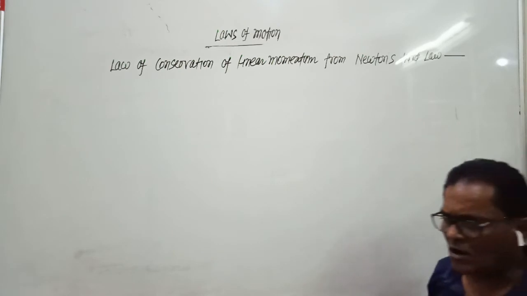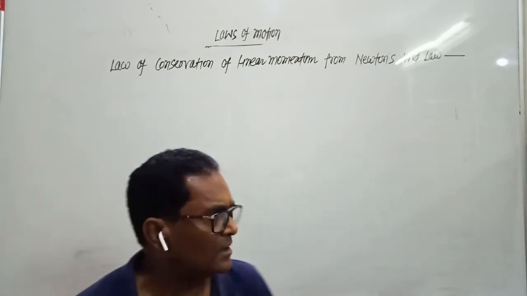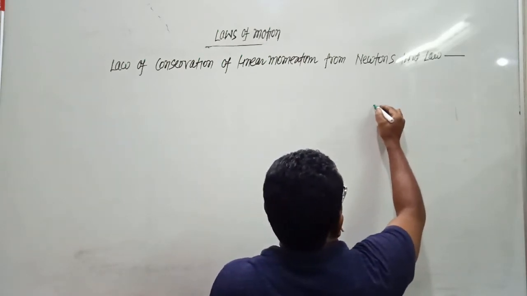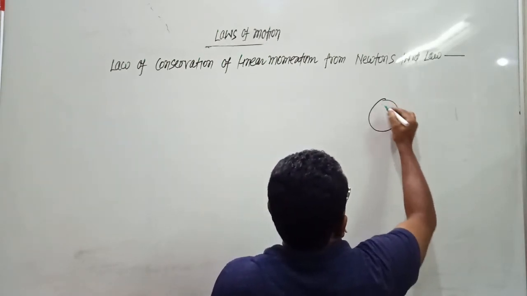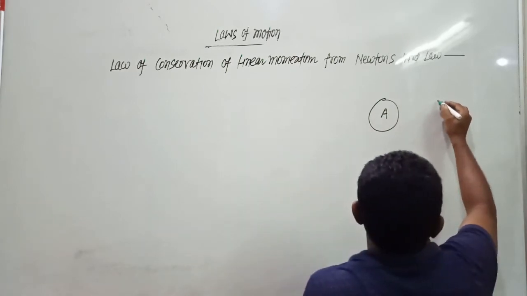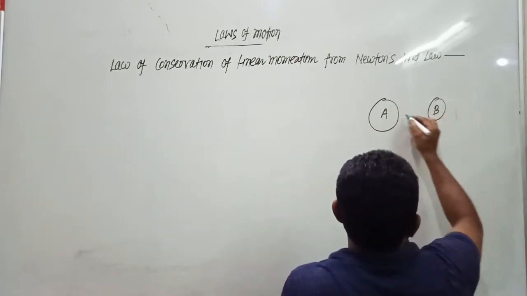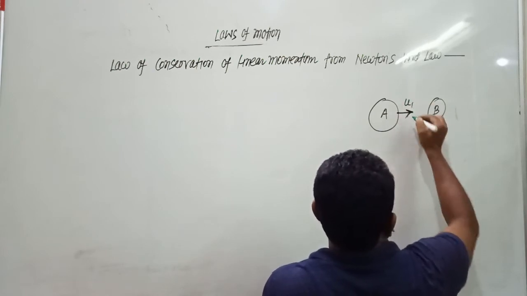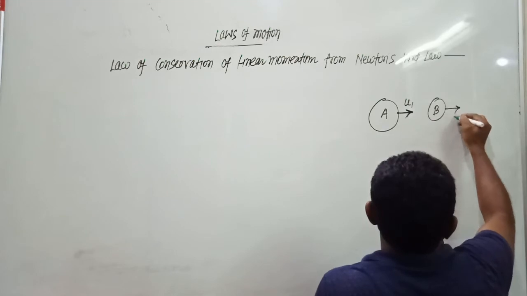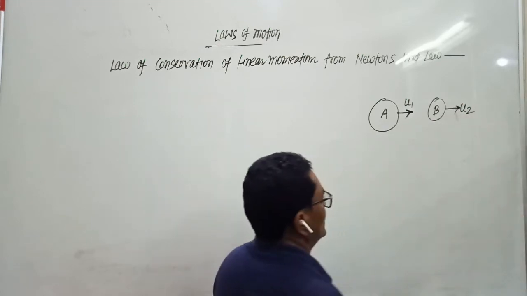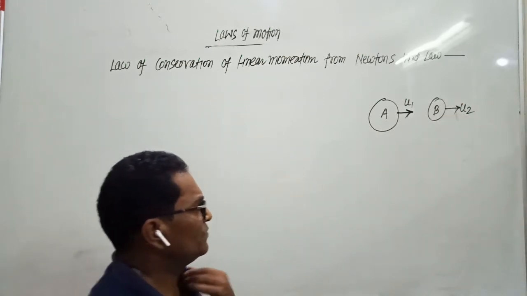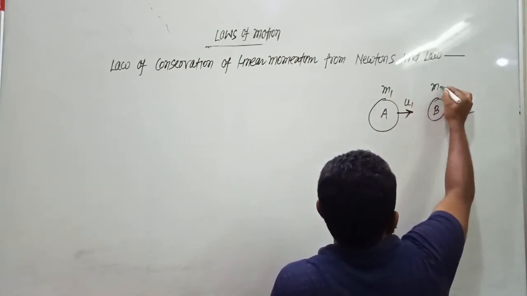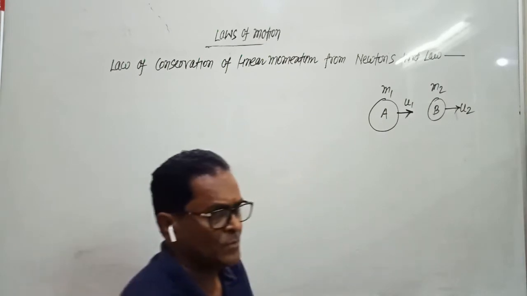So we derive the law of conservation of linear momentum from Newton's third law, and we discuss three cases. Suppose there are two bodies, body A and body B. Body A is moving with velocity u1 and body B is moving with velocity u2, and the mass of body A is m1 and the mass of body B is m2.